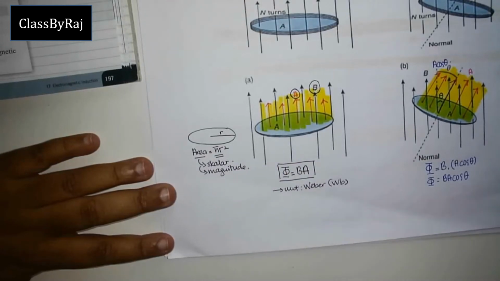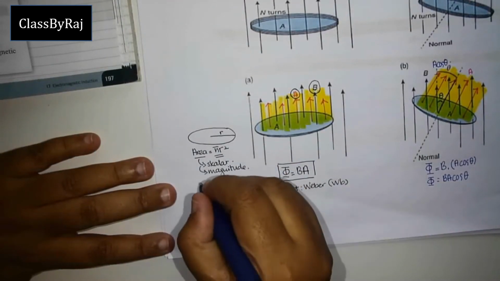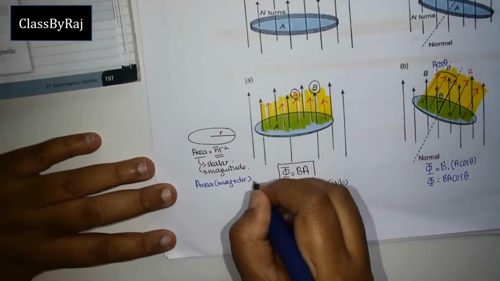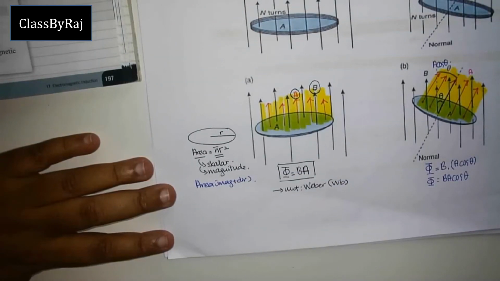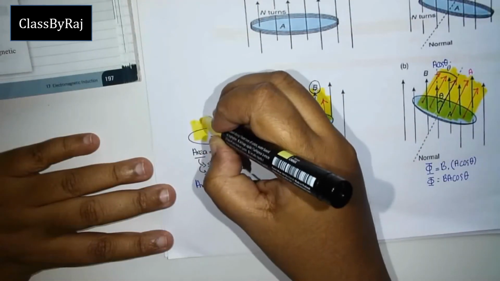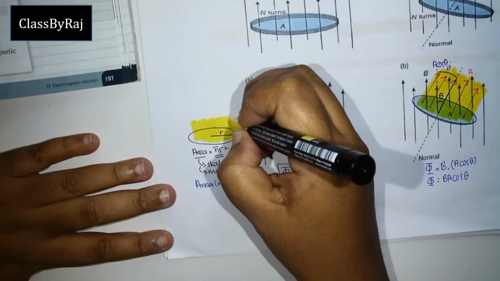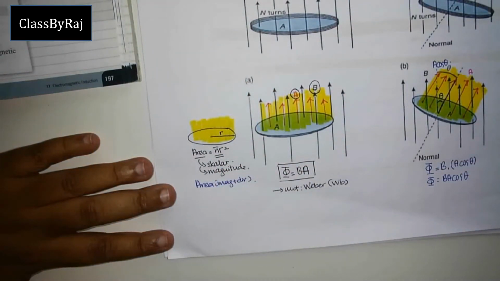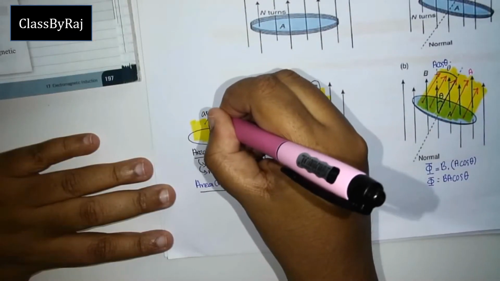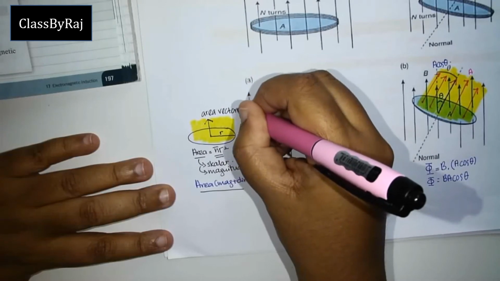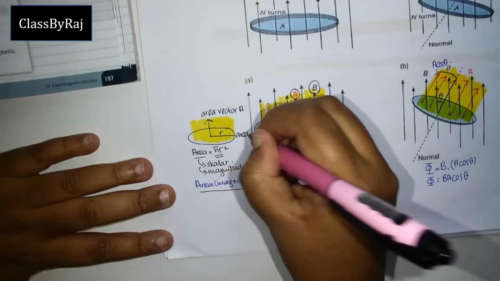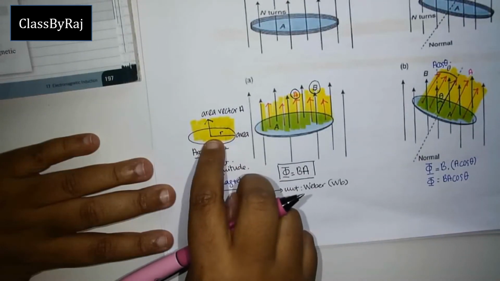But when you are talking about area with magnitude plus direction, which I'm going to draw with the yellow one, the magnitude is pi r square, but it's facing in this direction. The surface area is facing in this direction. So we call this area vector A. This one we call area, because you take the area with respect to pi r, correct?